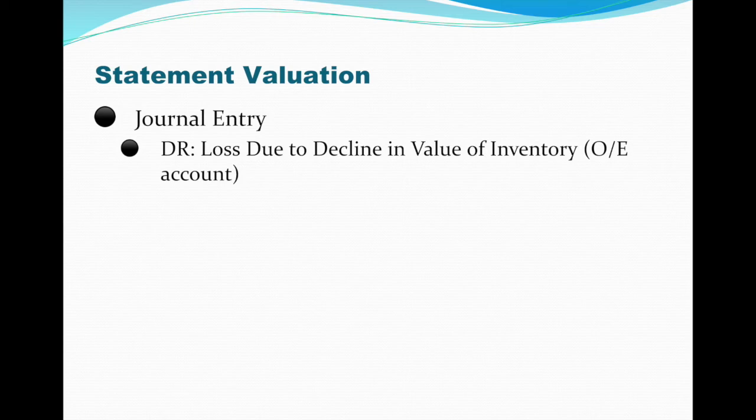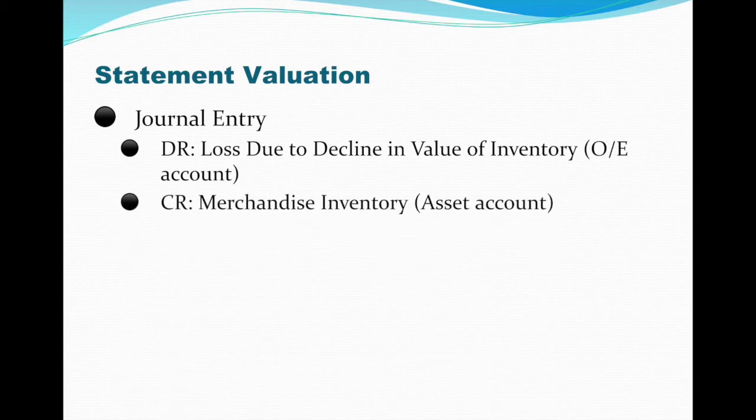In order to enter this, we debit an account, it's a long name, called loss due to decline in value of inventory. Now this is an owner's equity account, and we're debiting that. Hopefully as you recall, debiting an owner's equity account reduces its value, or reduces the amount of owner's equity, I guess I should say.